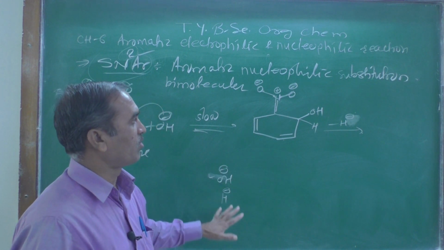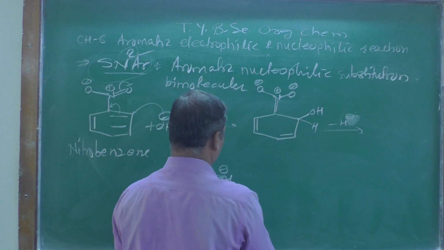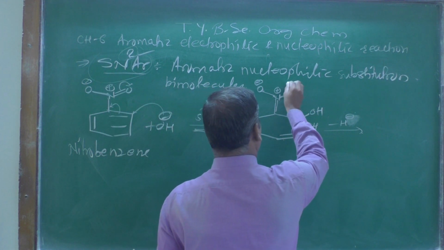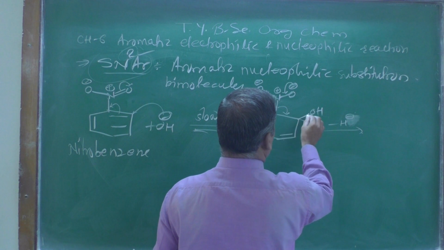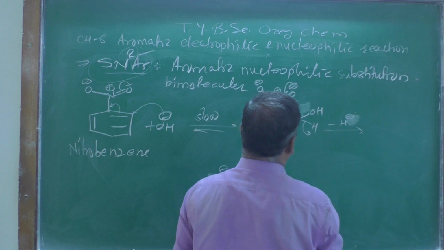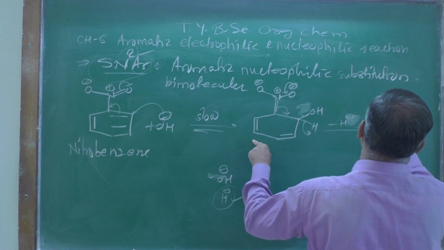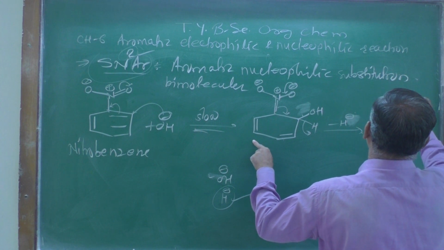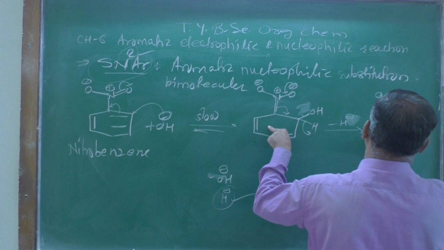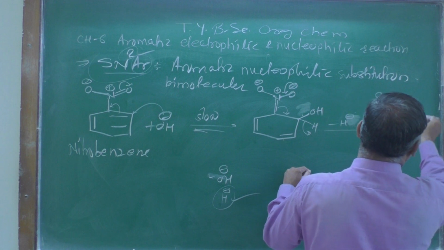But in this particular case, the hydride gets lost, and we get the compound with nitrogen atom, double bond O, and then O minus, with the positive charge always remaining on the nitrogen atom, and this OH is formed.